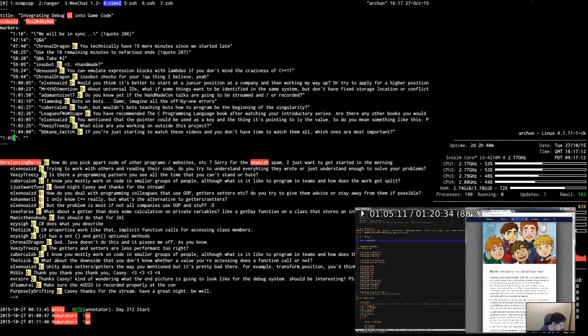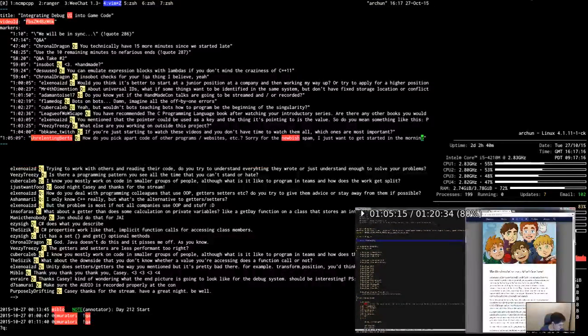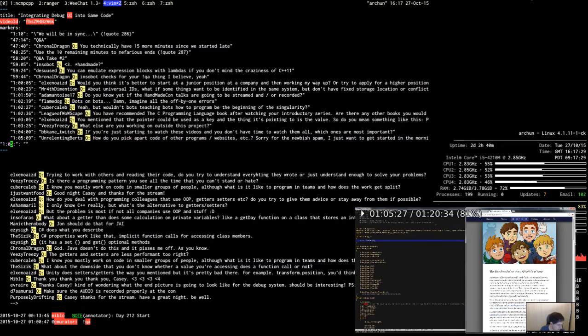How do you pick apart code of other programs, websites, etc.? I don't really pick apart other programs that much. Sometimes I do, like when I was working on The Witness, and even sometimes still today, if I have to work on The Witness, I have to go read the code of the other people who worked on the project.